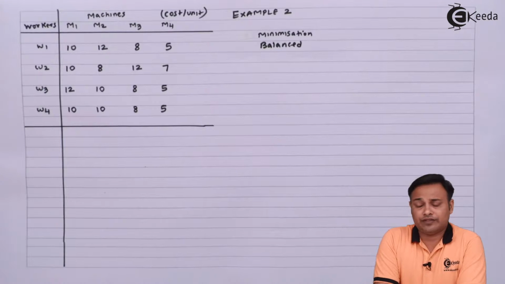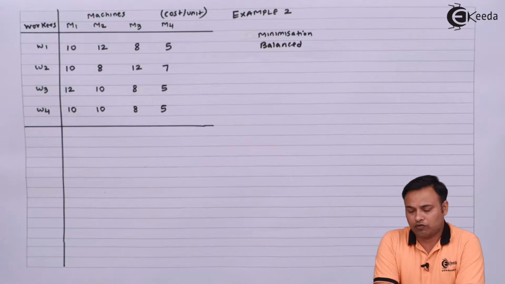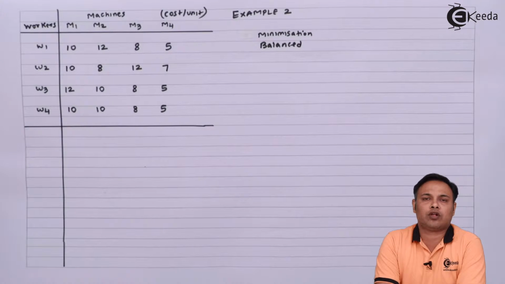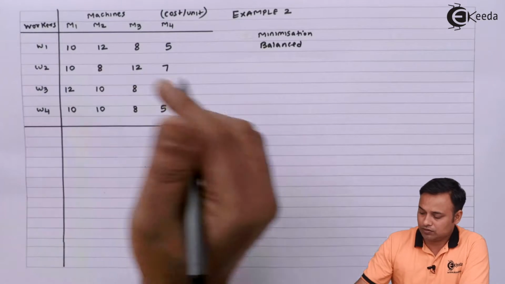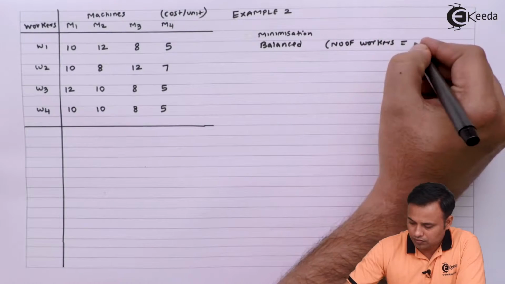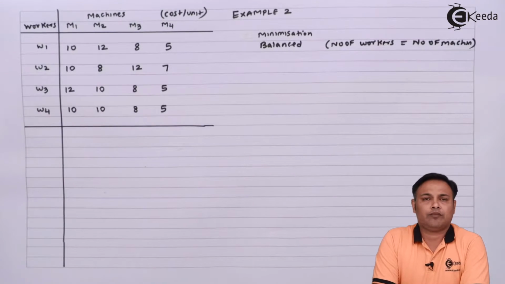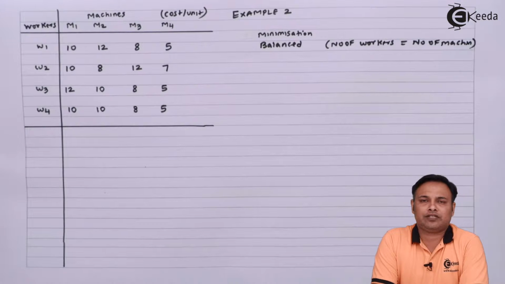So since we are given the cost per unit, this is a minimization problem, and my number of rows, 4 workers, that is 4 rows, and 4 machines, that is 4 columns. That means my number of rows and number of columns are equal. So my number of workers and my number of machines are equal, and therefore I will say that my problem is balanced.